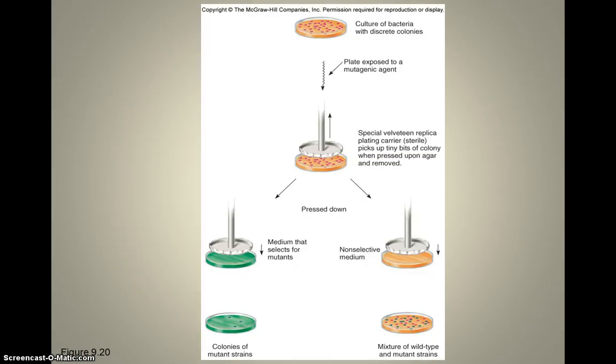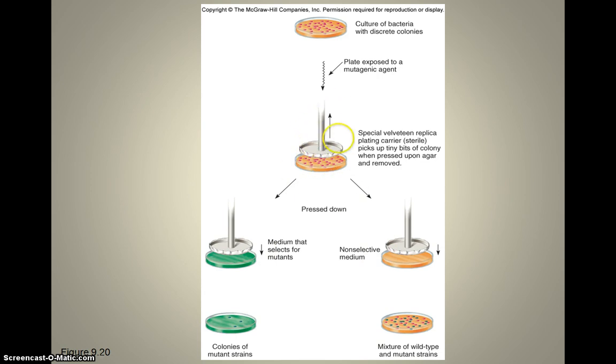Now, we do have ways within the lab where we can actually screen for mutations. By using a selective medium, we can select for different mutants. The different colors here just demonstrate a different kind of media, and we're growing the bacteria on the media.